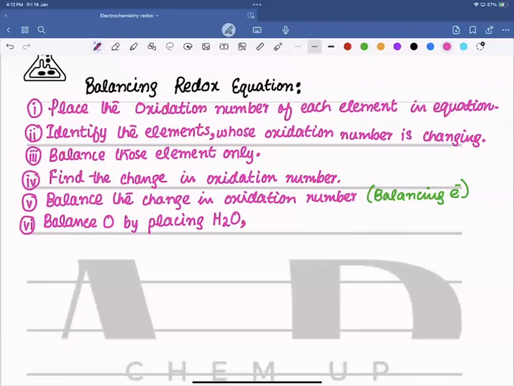Balancing oxygen by placing H2O to the side having lesser oxygen.